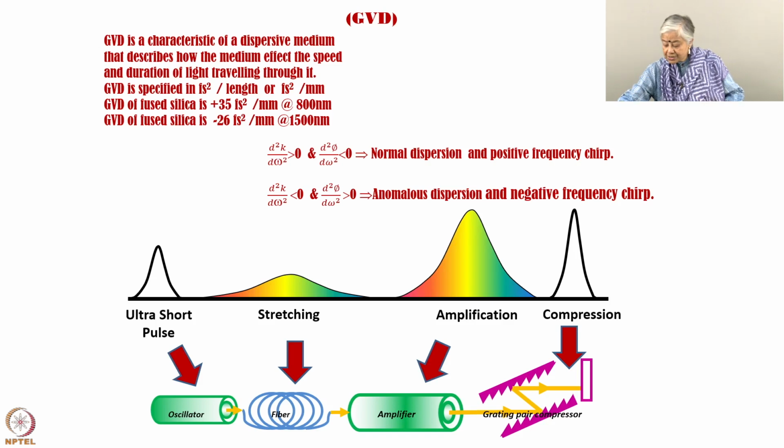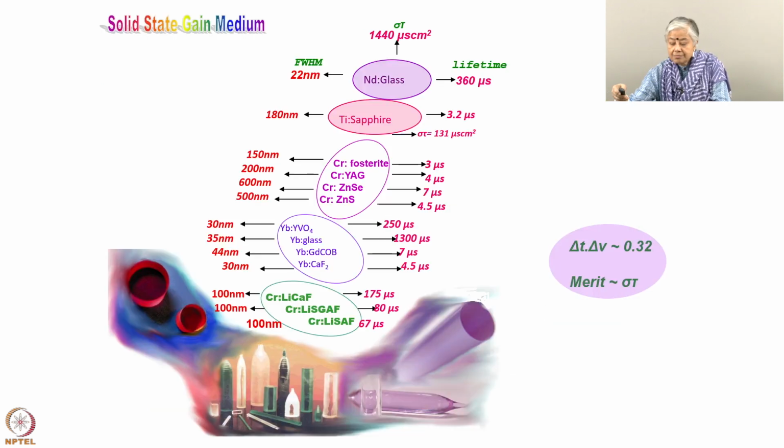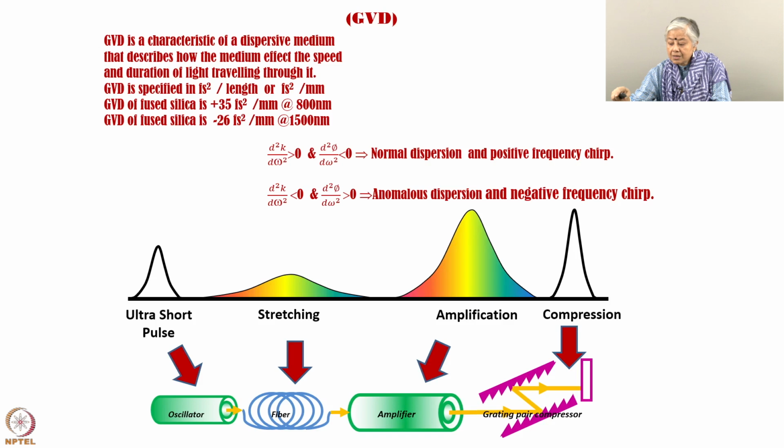Now I go back to this. This is the ultra short pulse. Again, the same picture: stretching, amplification, and compression. So what was the first paper? The paper that described the chirp pulse amplification process.